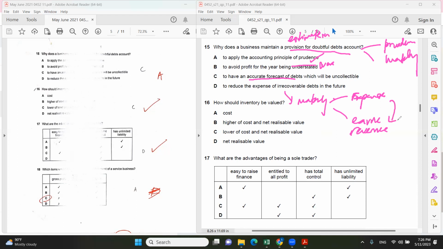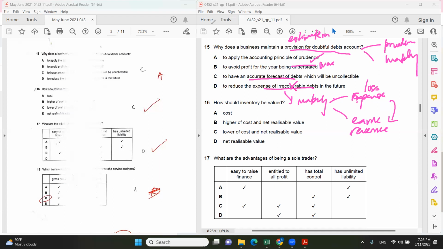So we need to take into account, under the matching concept, that we recognize the possible loss immediately. So this one, to reduce expenses, is not about this. This is mainly because of the prudence and the matching concept, which is to apply the accounting principle of prudence.